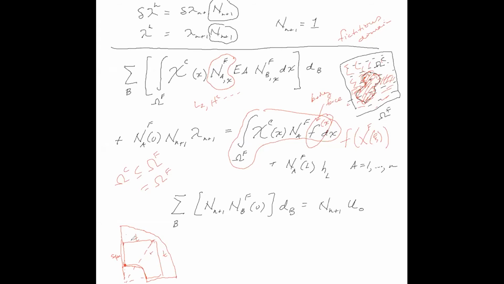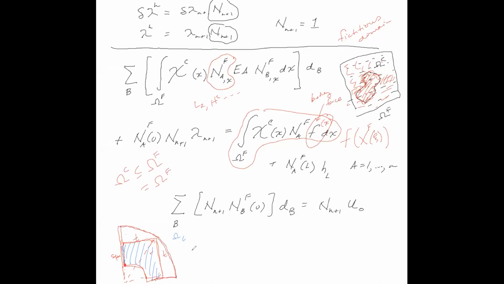Right, so this omega C, maybe I should change colors. So omega C is this blue domain. It's the plate with the hole, right? But we're solving the problem over an exact cylinder.